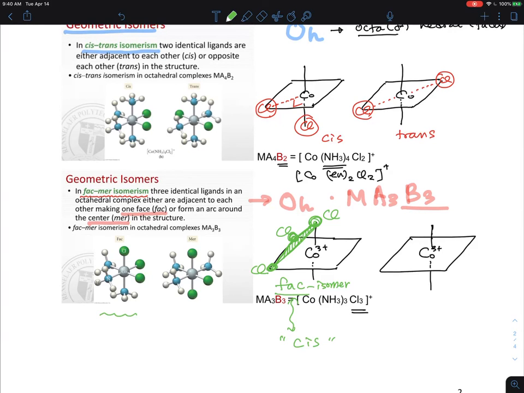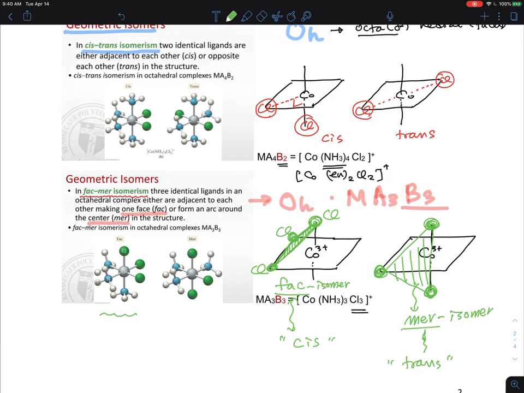Whereas if I choose this chlorine here, and chlorine here, and chlorine there. So instead of choosing this one, if I choose that, this one is essentially forming through the pole and going through the inside of this plane, right? And this one, what we call the MER isomer. And this is essentially a cousin of, quote-unquote, trans.